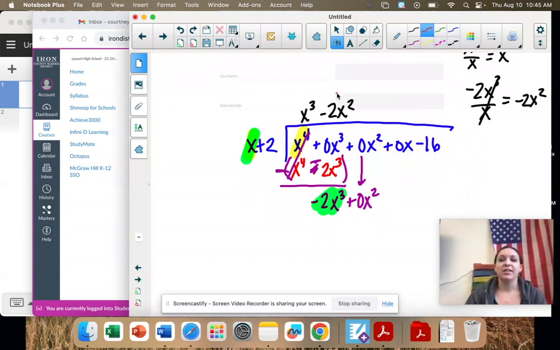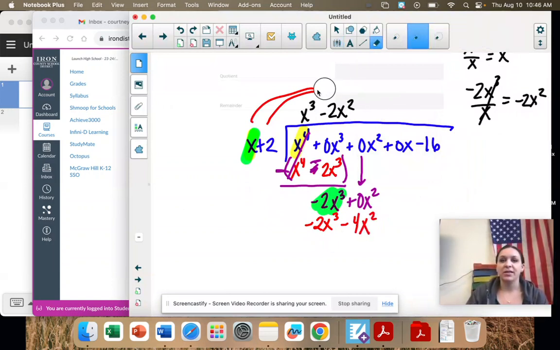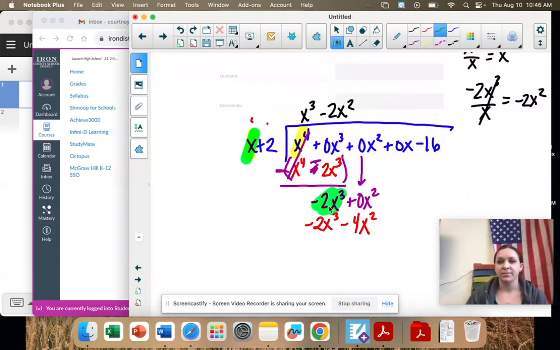Okay, multiply. Negative 2x squared times x gives us our negative 2x cubed, which is what we want. Negative 2x squared times positive 2 gives us negative 4x squared. And now we're going to subtract. So when we subtract, the signs change.